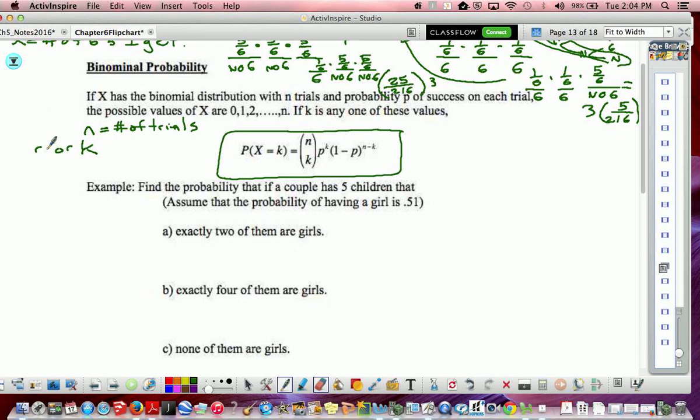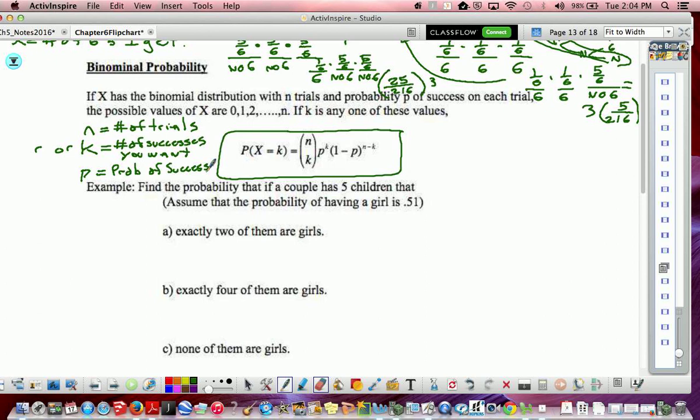I say that only because our calculator likes to use R and our book likes to use K, but they go hand in hand. It is the number of successes you want. And P is the probability of success. Those are the 3 most important values you need to do a binomial setting.